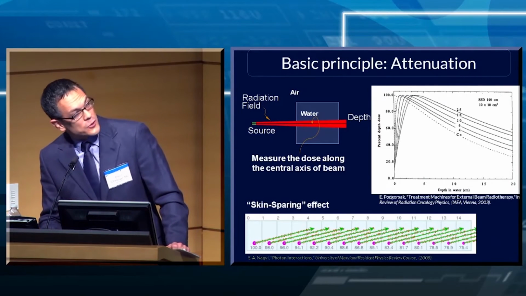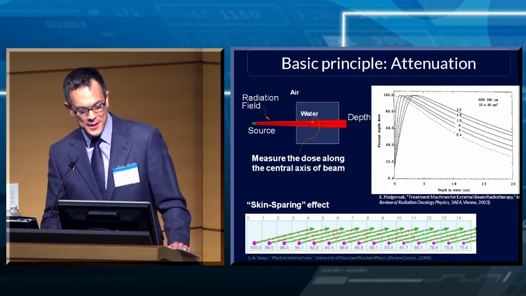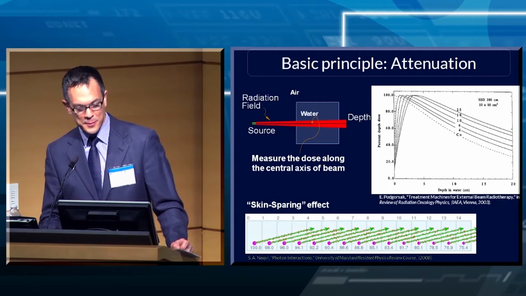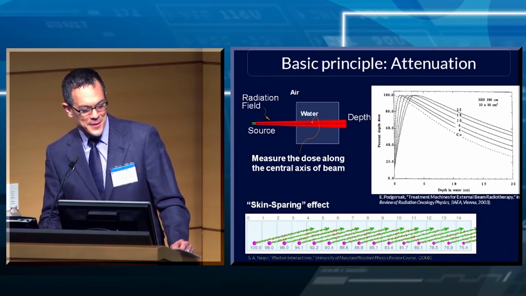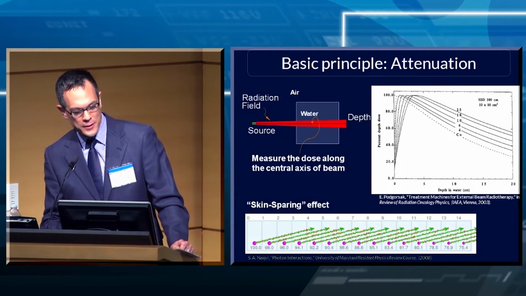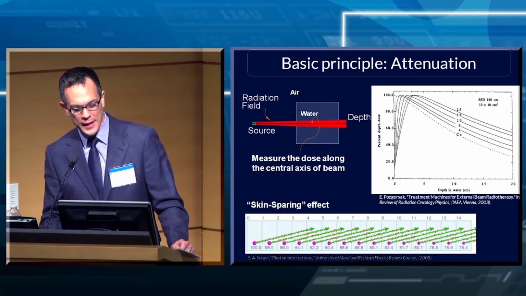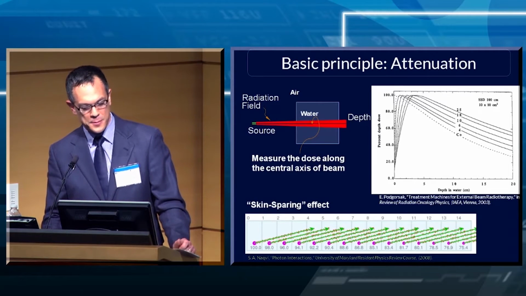So if you are trying to model an electron or a photon beam, there's a couple basic principles. One is the principle of attenuation. If you have a point source of radiation in a water tank and you're measuring along the beam, you get a depth dose distribution that looks something like this, where the dose initially builds up to a maximum and then it drops off exponentially.